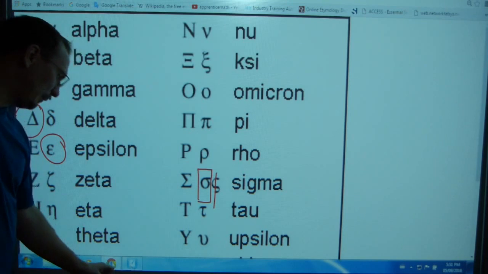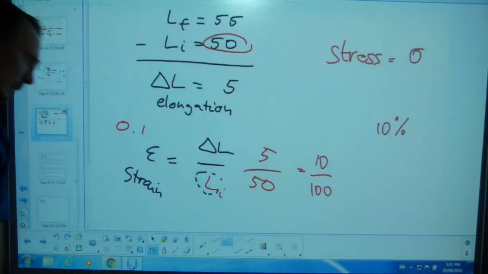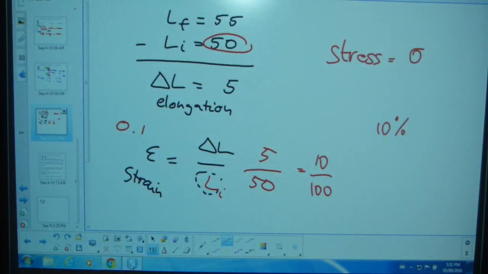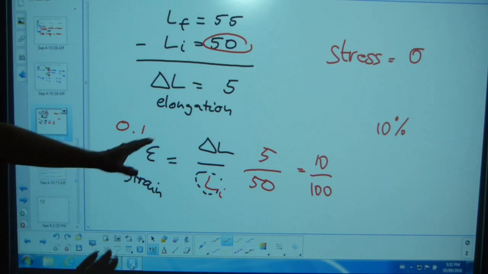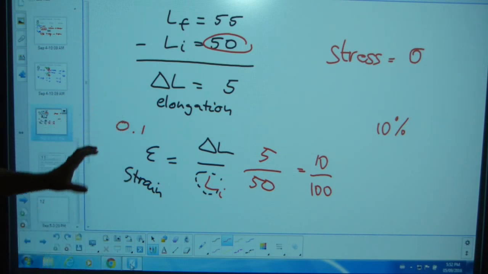Don't mix them up, and don't get lost with stress and strain and sigma and epsilon, because there's going to be more math with sigmas and epsilons. So that's how these letters are used: delta, epsilon, and sigma, and that's how the math is done. Fairly straightforward.